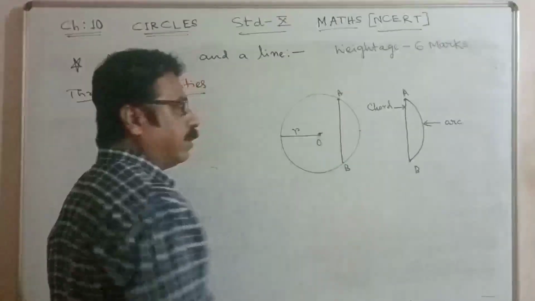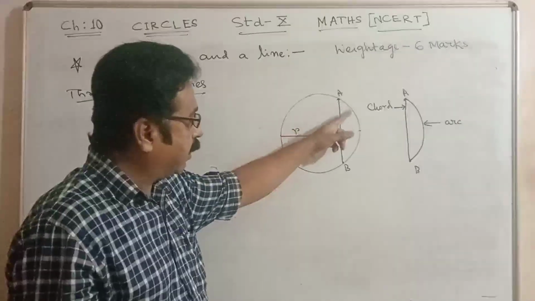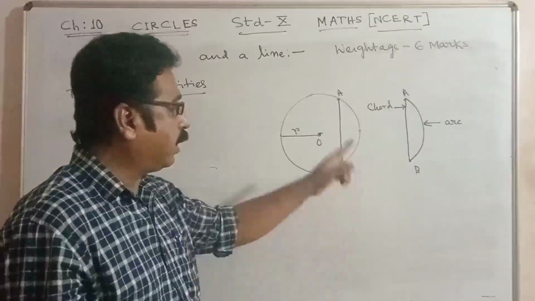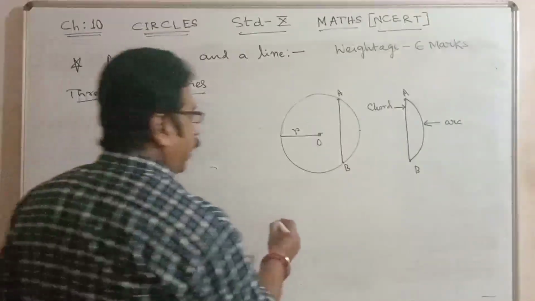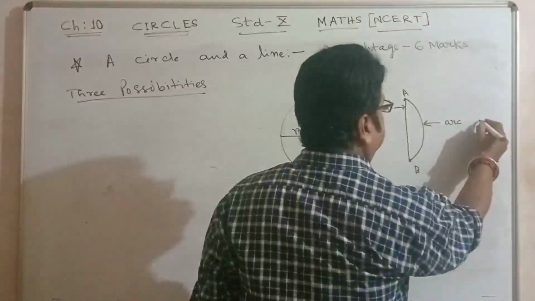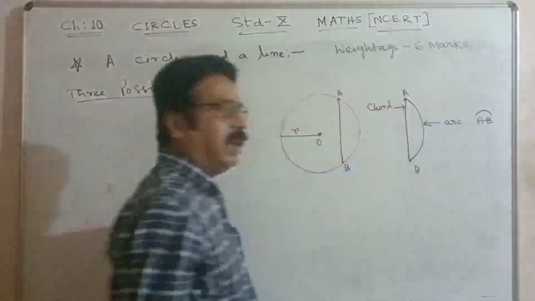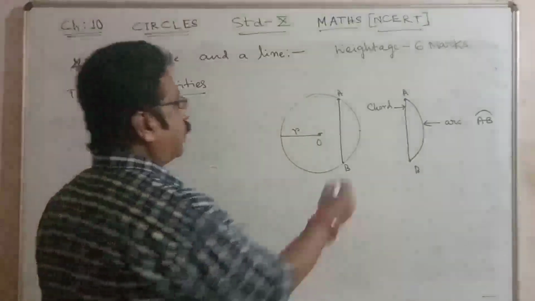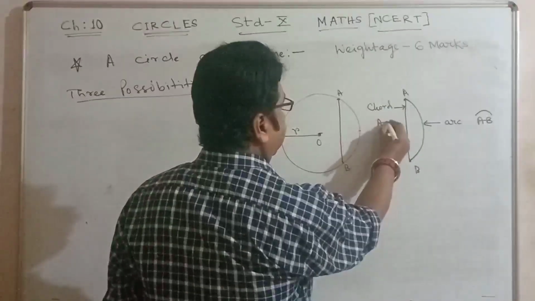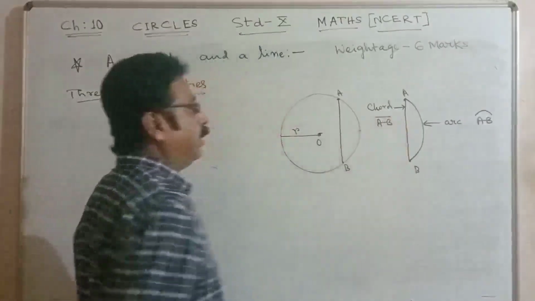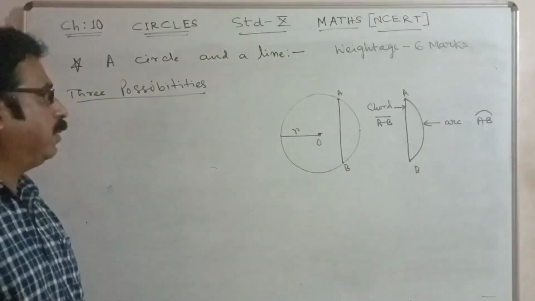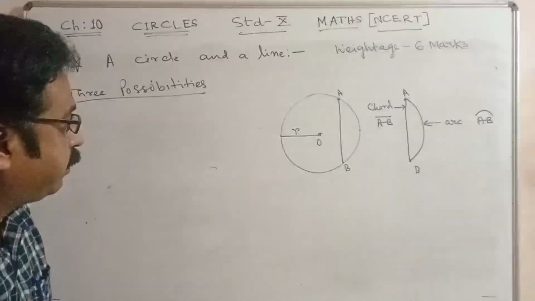This AB is the chord of the circle, and this curve AB is the arc of the circle. Arc we can write like this way, symbolically. Chord, we can write the line segment AB. AB is the chord of this circle.